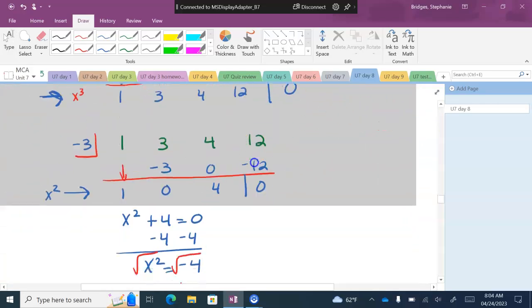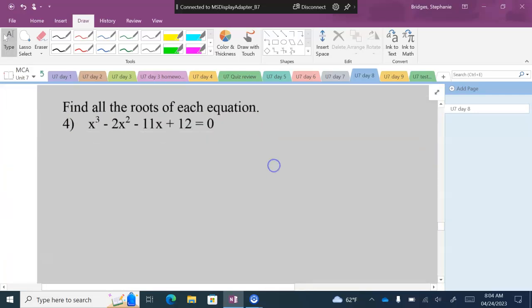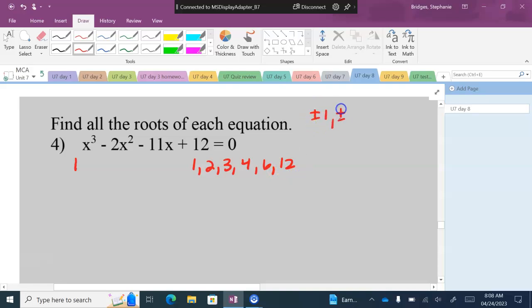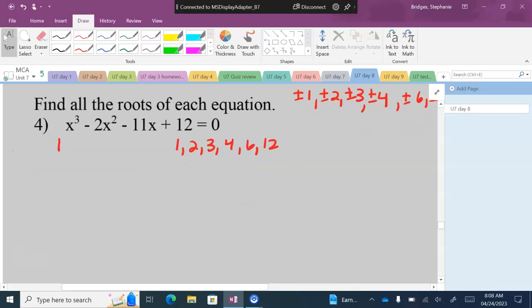All right, I want you to completely try number 4. Let's see if we can get all of our solutions. This one is back to an x to the 3rd. Again, we start by listing our factors of our leading term and our constant term. Then we do all of our possible rational solutions. And if I look at my coefficients, let me set it up first.